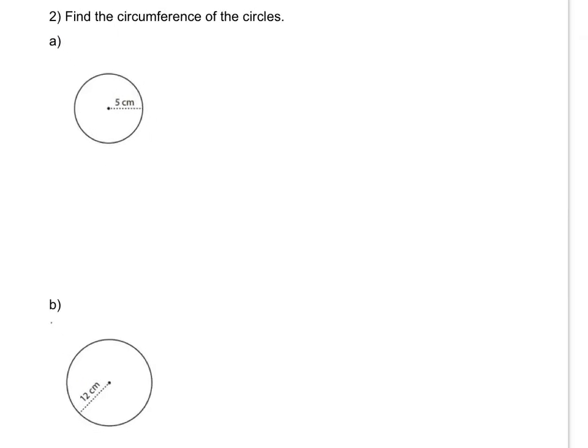So we said we wanted to find circumferences. To do that, we said we'd have to use the following formula: circumference is equal to 2 times pi times radius. In this case, our radius is 5 because the radius is from the center to the side.